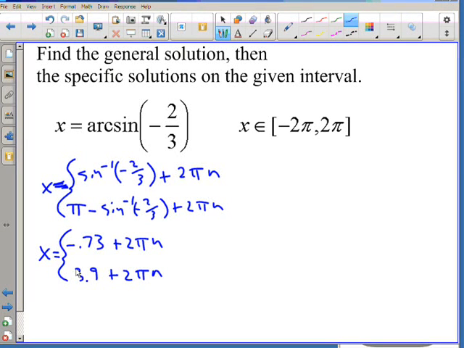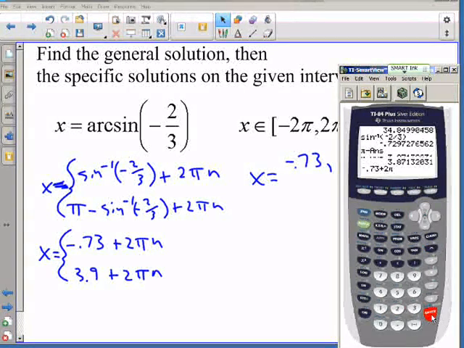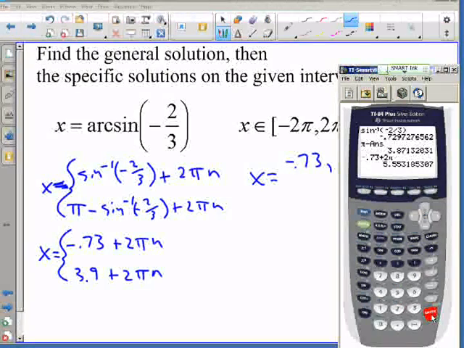Now let's generate values from negative 2 pi to positive 2 pi, and we get x equals negative 0.73, and if I add 2 pi, I get 5.6, we'll call it.